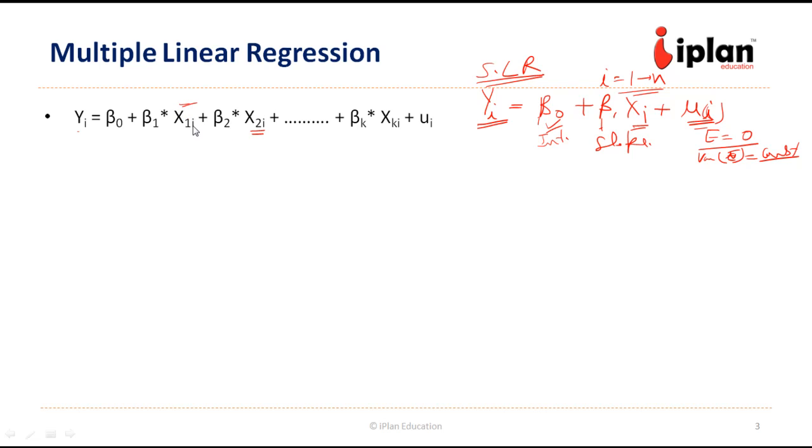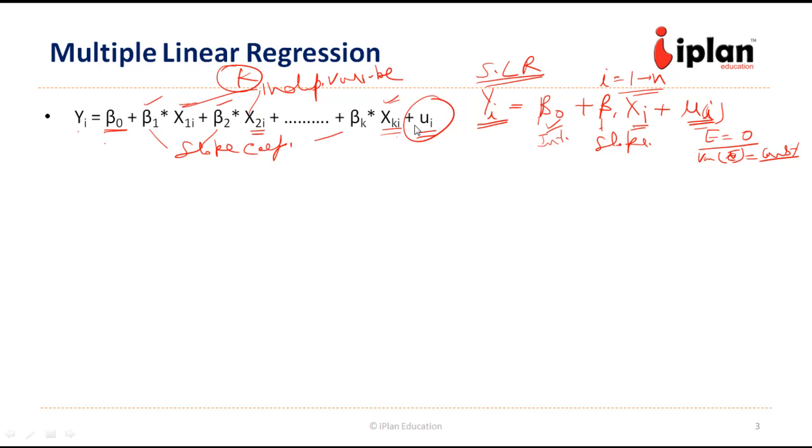In addition to x1i, we have x2i, x3i up to xki. And we have their corresponding slope coefficients. So we have the same intercept coefficient, but we have multiple slope coefficients. We have multiple independent variables. So in this case, we have k independent variables, and as usual, we have an error term. So it is on the same lines as simple linear regression. In addition, we have some more independent variables in this case.